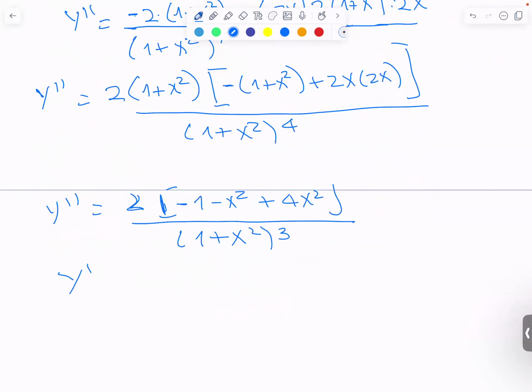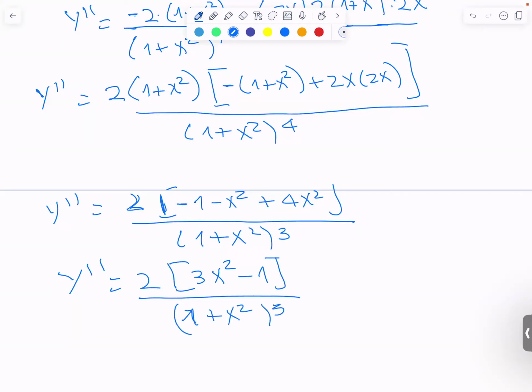Now the second derivative is going to be 2 times (3x squared minus 1) over (1 plus x squared) to the 3rd power.